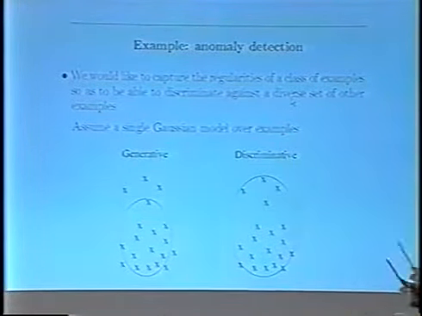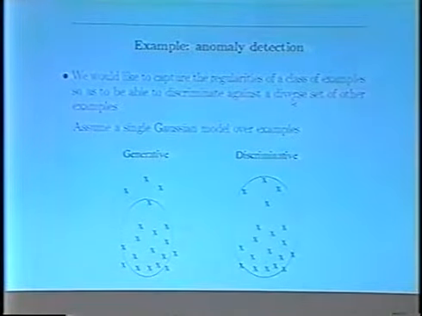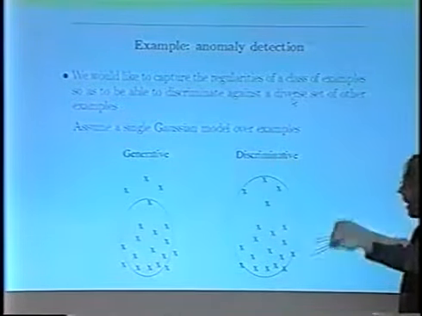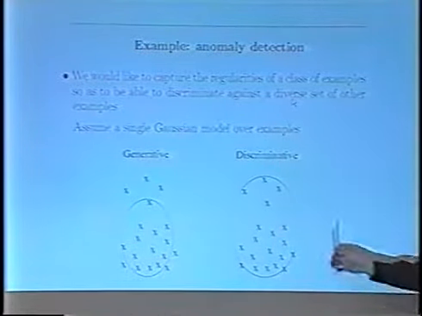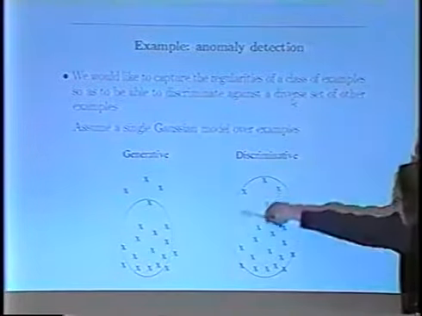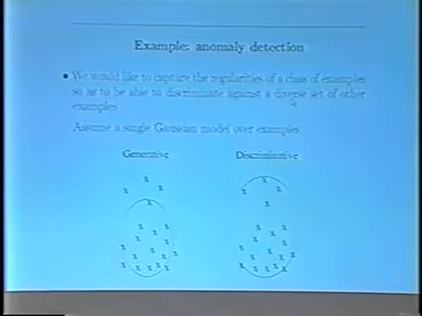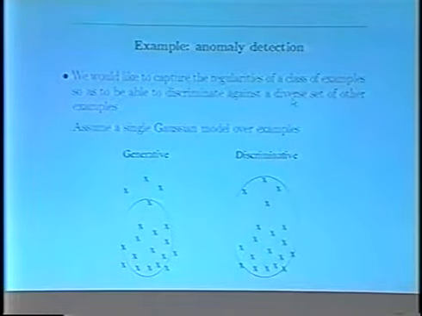A discriminative approach to this problem will try to capture the regularities in this class so that you tightly capture the essence of this class. And if now we are given a new example to classify, whether it belongs to the same class, then this discriminative decision boundary would be more effective in that classification task than the standard density model.